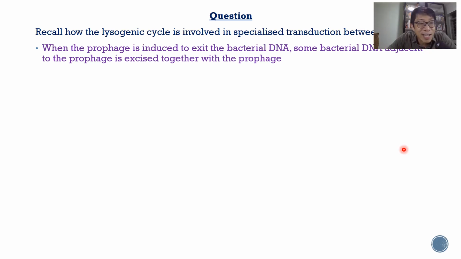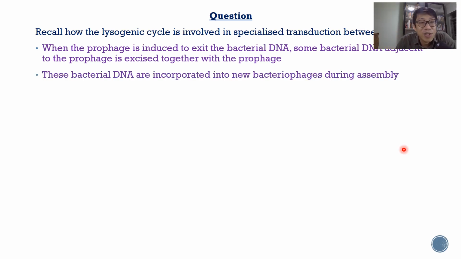By mistake, instead of only the prophage being excised from the bacterial chromosome, there might be some bacterial DNA next to the prophage that comes out together with the prophage. So this is a mistake.